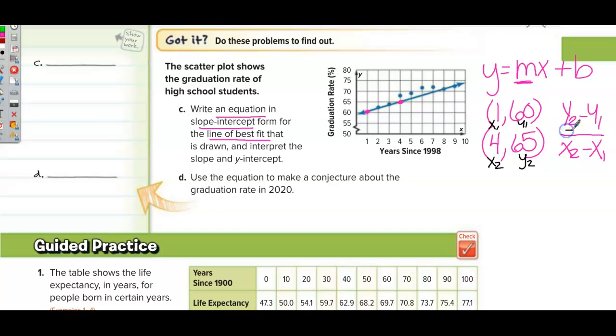Y2 is 65 minus y1 is 60 over x2 is 4 minus x1 is 1. So now I would just calculate 65 minus 60 is 5 over 4 minus 1 is 3. So I found my slope, or m, to be 5/3.